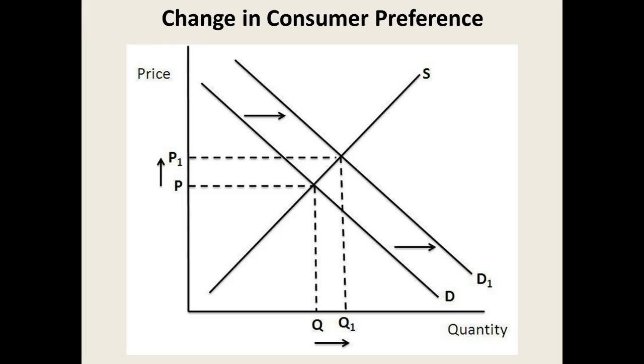Therefore, we're going to shift the entire demand curve to the right, increasing its quantity. And of course, with that, we have a corresponding increase in the price. Why? Because anytime you increase demand for a product, at all price points on that product, you have an increase in your price.